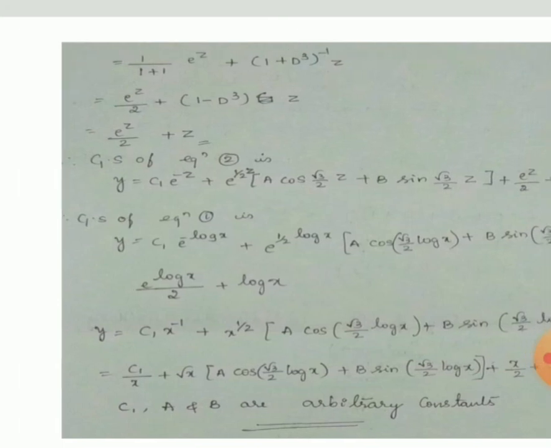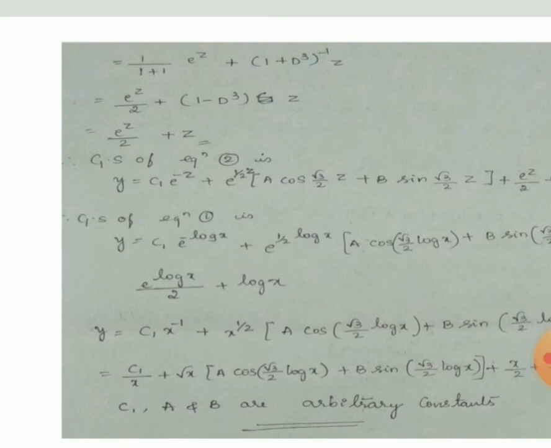Further simplify this one. y is equal to c1 into, now observe that e power minus log x, so bring that minus to the power of x. That is of the form log m power n, which can be written as n log m. By using that we can write here e power log x power minus 1, but e and log will get cancelled.